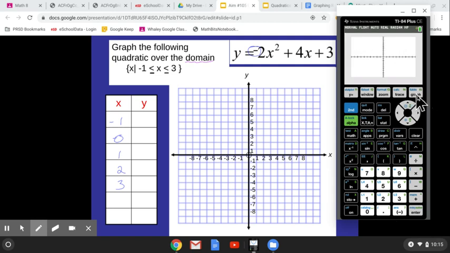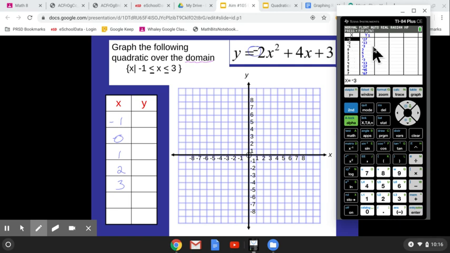Now, again, I can look at the graph, get an idea of what it's supposed to look like. Yep, it's pointing down like we thought it would. But what I really want to do is I just want to go to the table. And I want to get the values from -1 up to 3.